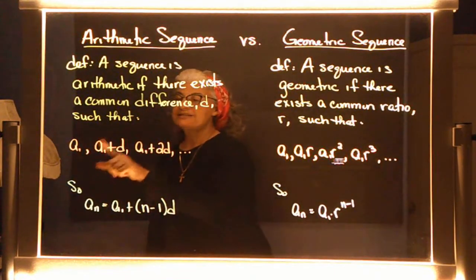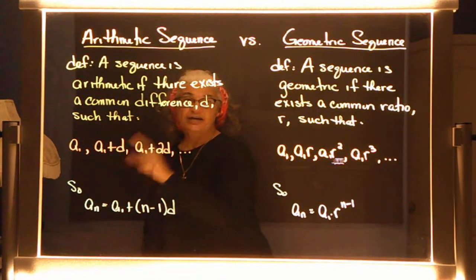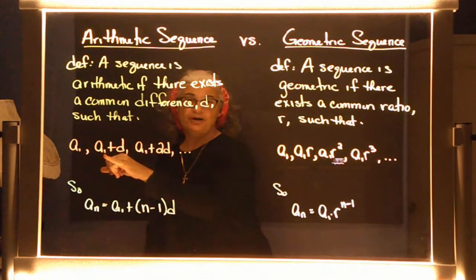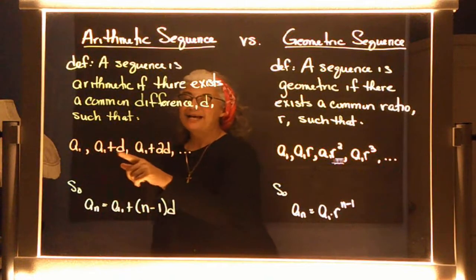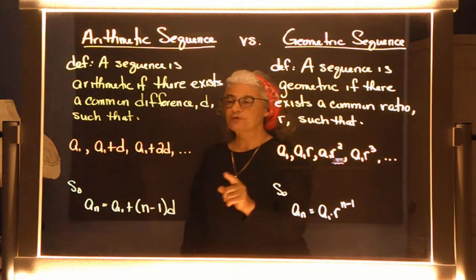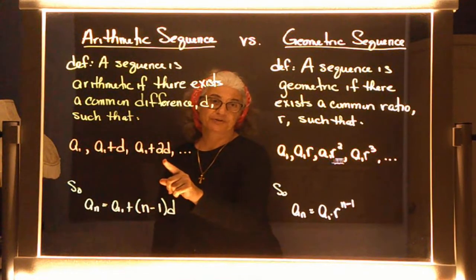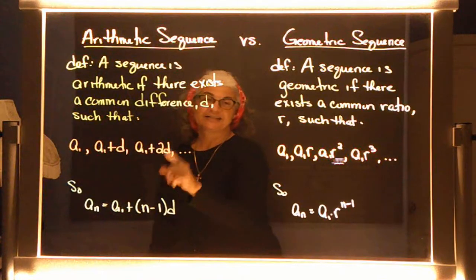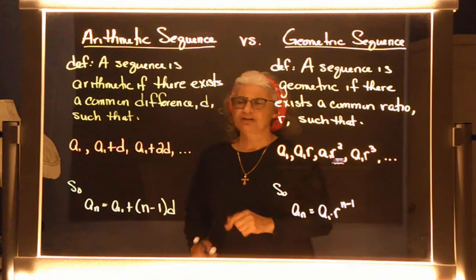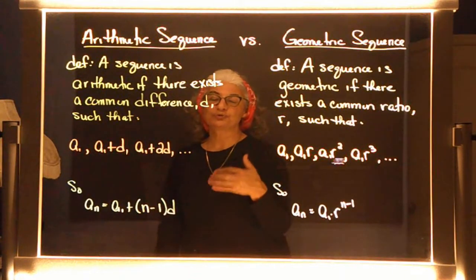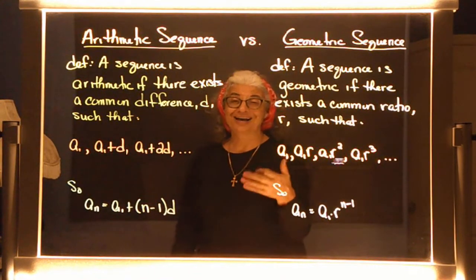And notice, the second term of the sequence is gotten or derived by taking a sub 1, the first term, and adding d, this common difference, right? Okay, and now I go to the third term. Notice, what do you think we did to the second term to get the third term? You're like, well, there's a 2 in front of the d. That's true. And I know 2, most people will think 2 times d.